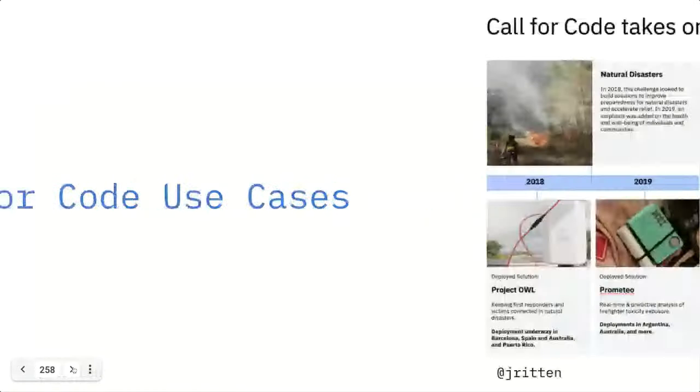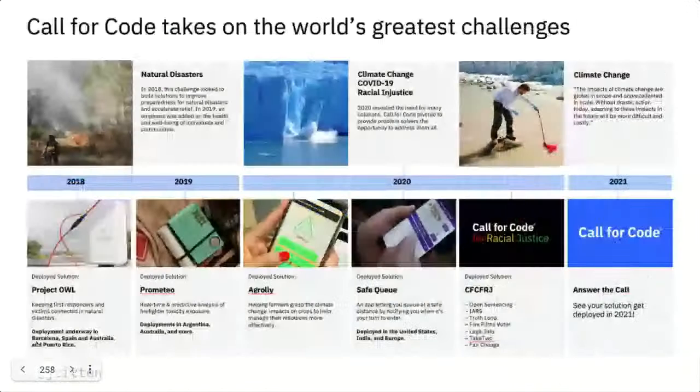We have a lot of really cool Call for Code projects focused on natural disasters, climate change, and racial injustice. As you can see here, in 2018 we have a Project OWL solution, and deployment is underway in Barcelona, Spain, Australia, and Puerto Rico.